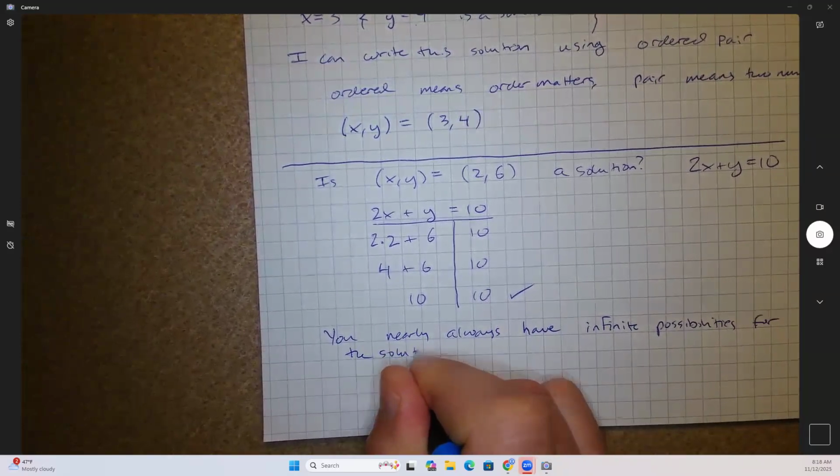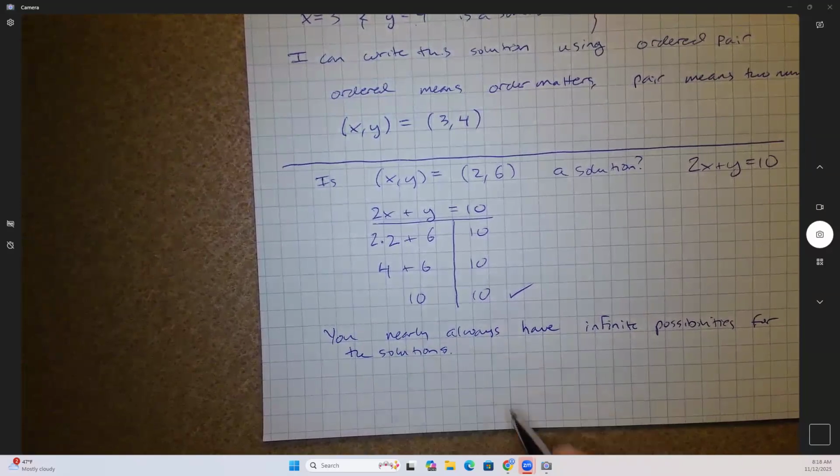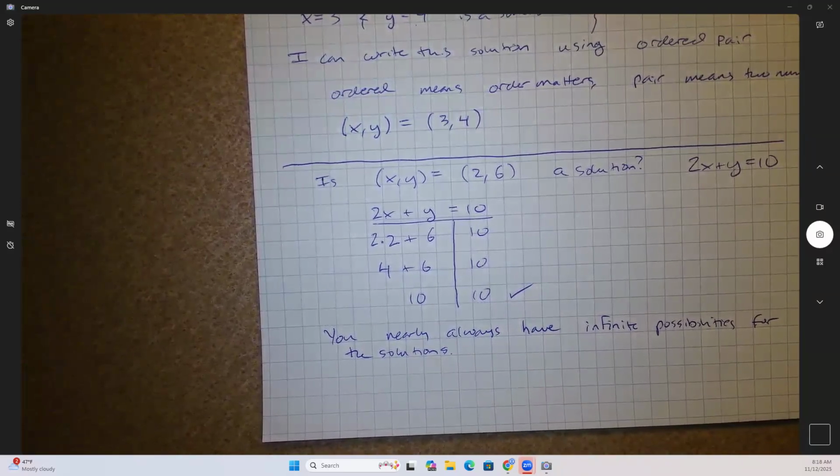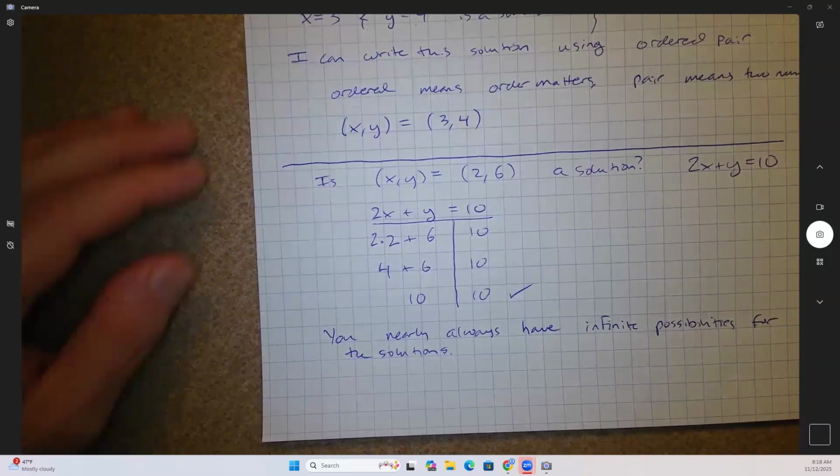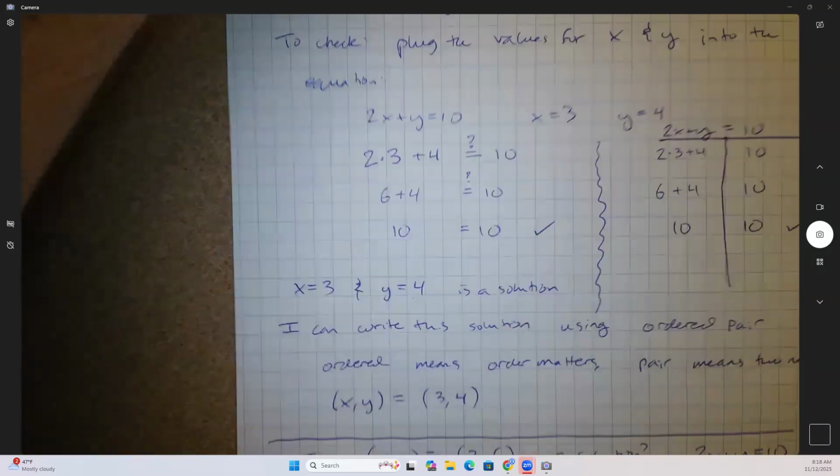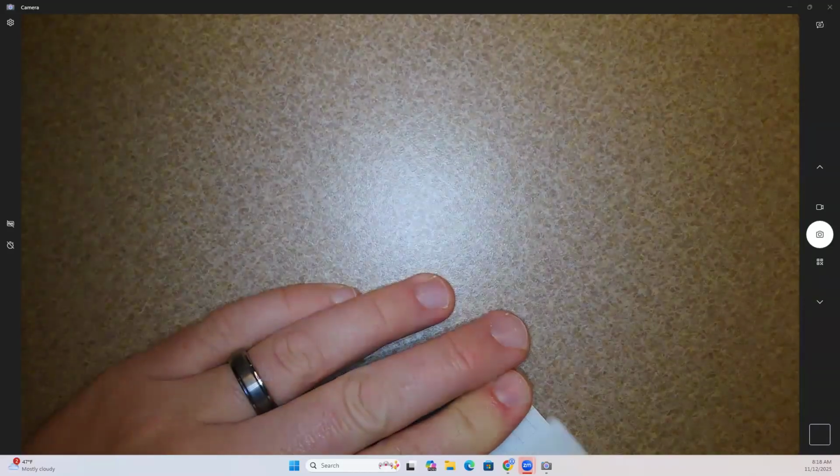In fact, you have to work pretty hard to come up with an equation that doesn't have an infinite set of solutions. For example, I already found two. Let's see if I can find another one.